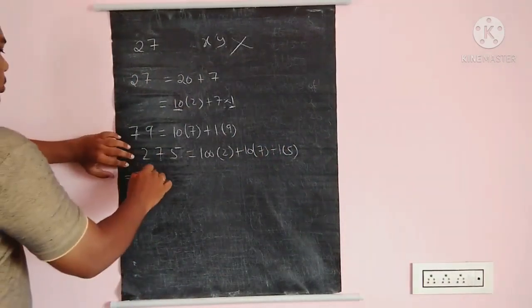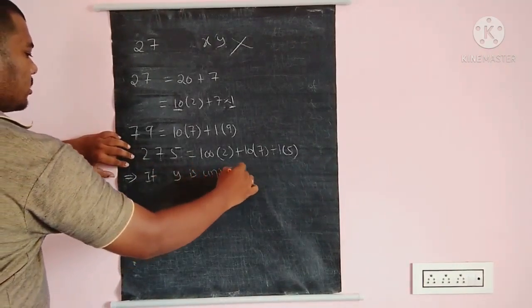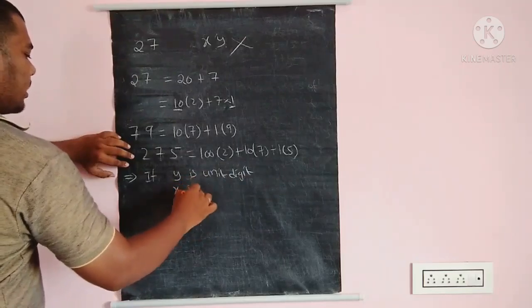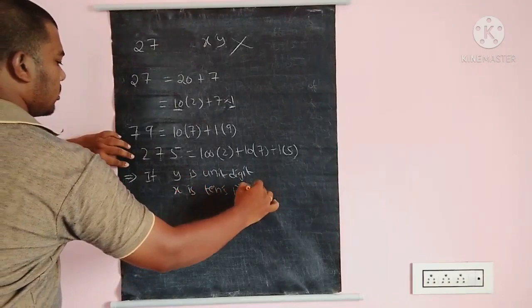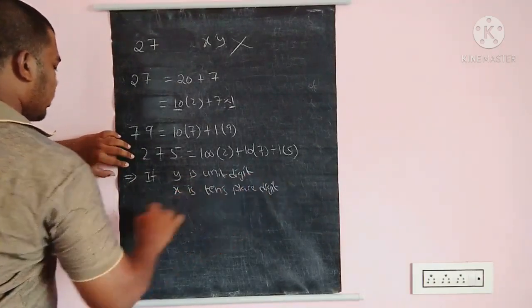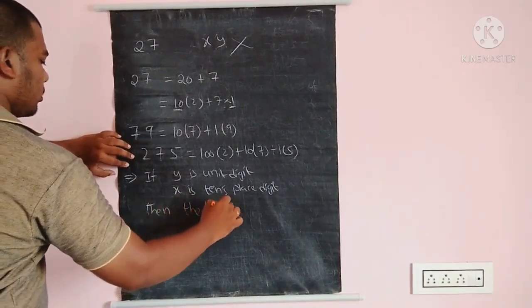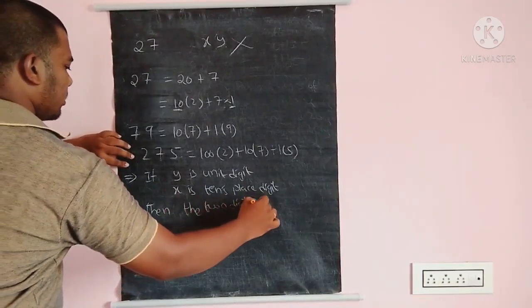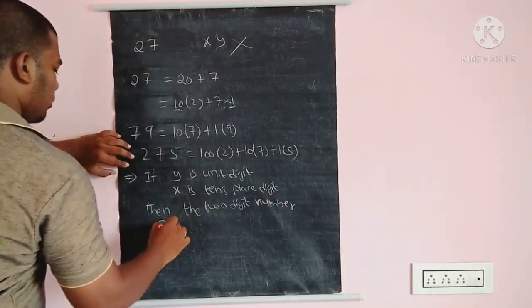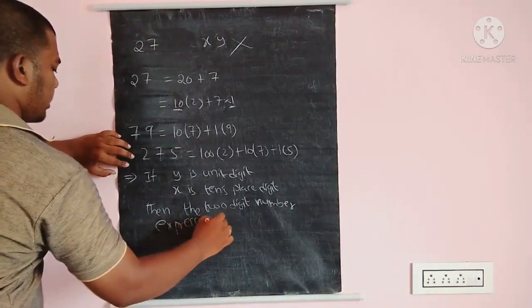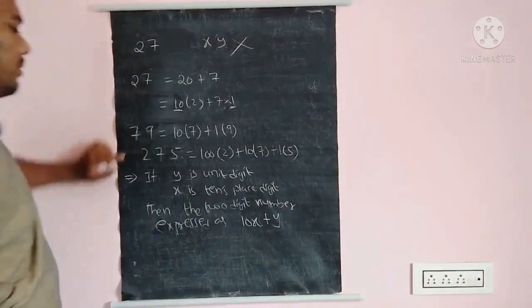So if y is the units digit and x is the tens place digit, then the 2-digit number can be expressed as 10x plus y.